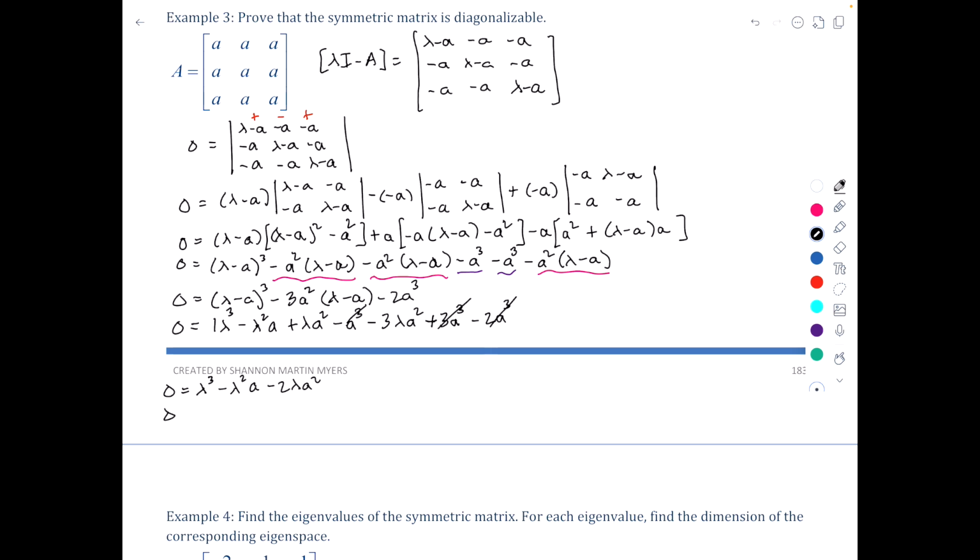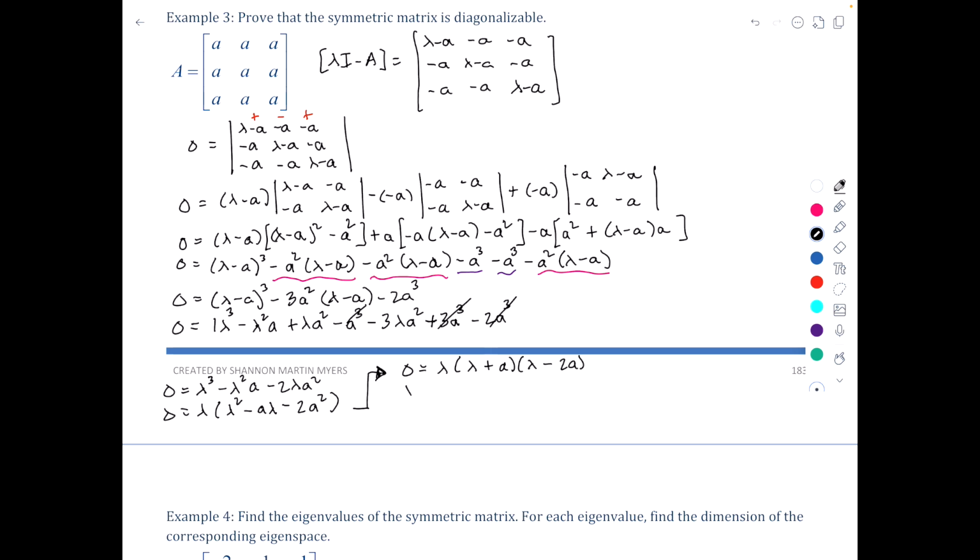And so if I factor out a lambda, I'll be left with lambda squared minus A lambda minus 2A squared, and that in turn is going to be 0 equals lambda times, we know we have a lambda squared, and we know we have 2A squared, and that should be negative. And let's see, the negative will go here, the positive will go here, since the middle term is negative.